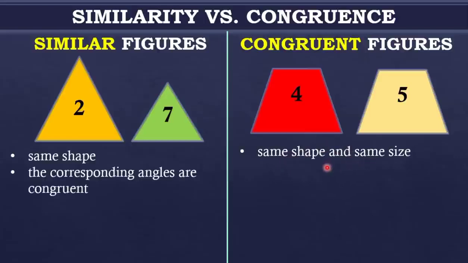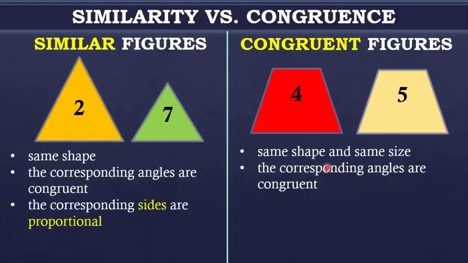For similar figures, the corresponding angles are congruent, while for congruent figures, the corresponding angles are also congruent. Now, when it comes to their sides, the corresponding sides of similar figures are proportional, while sa congruent figures, their corresponding sides are also congruent.